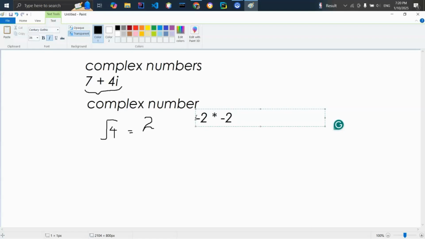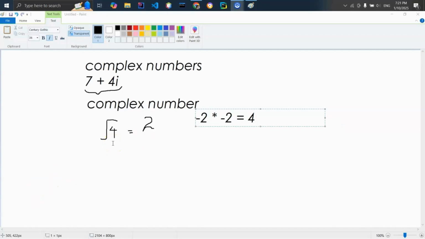Minus 2 by minus 2 is equal to 4. Therefore, the square root of the number may be positive or negative. But normally we use positive numbers for the square root.